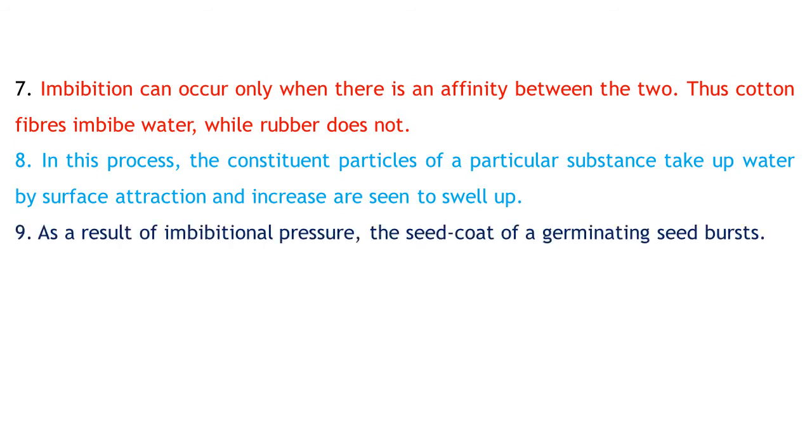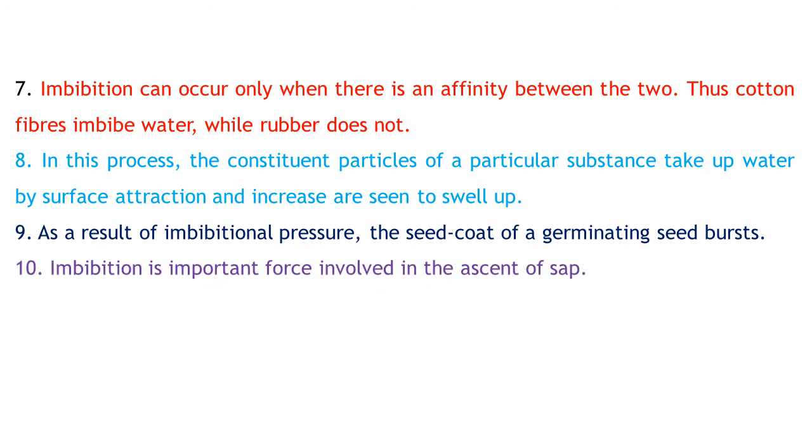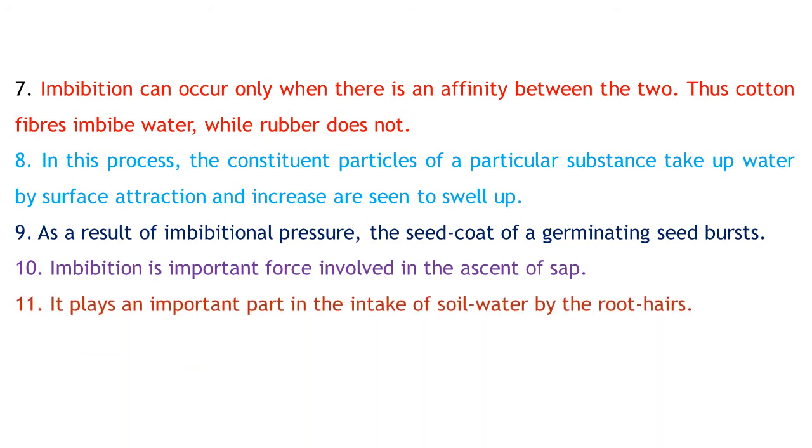As a result of imbibitional pressure, the seed coat of a germinating seed bursts. Imbibition is an important force involved in the ascent of sap. It plays an important part in the intake of soil water by the root hairs.